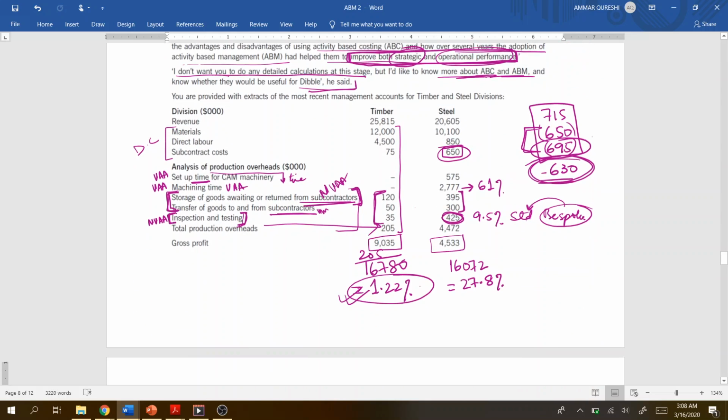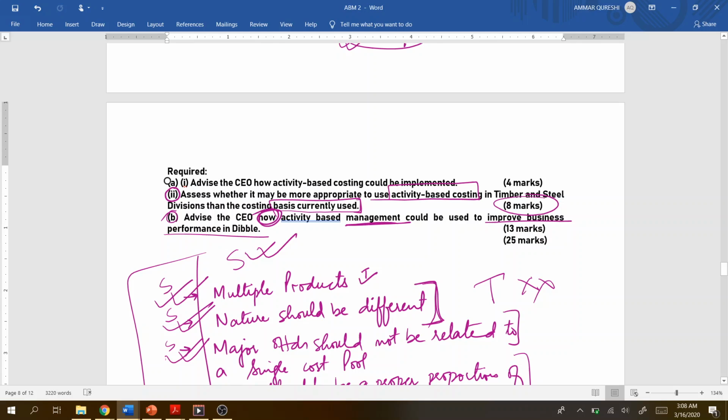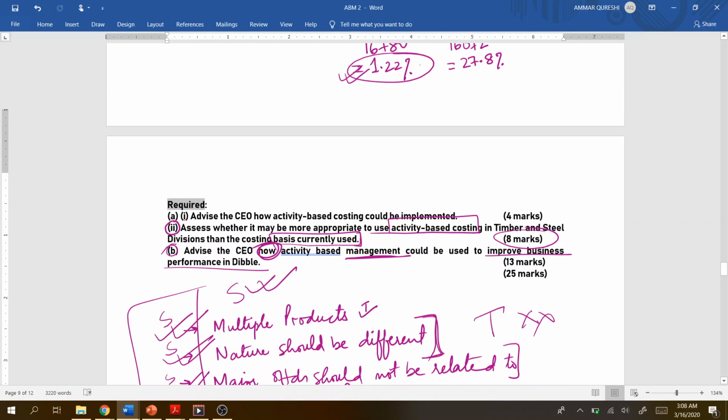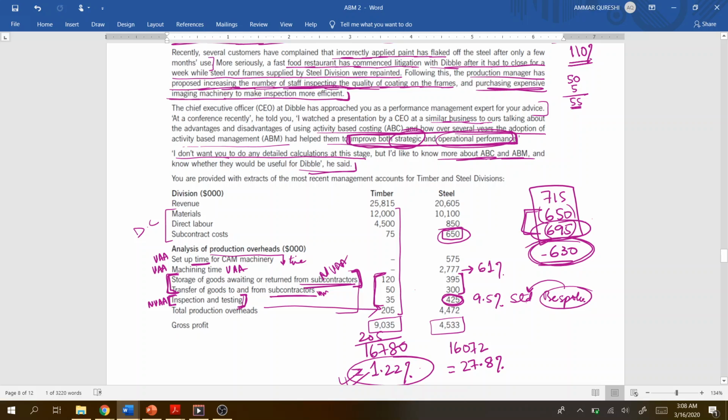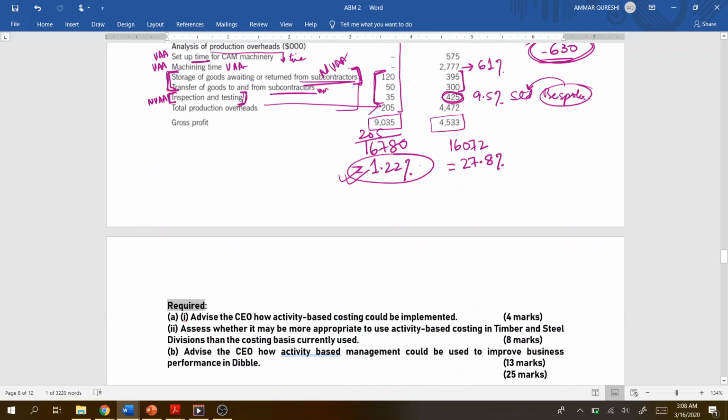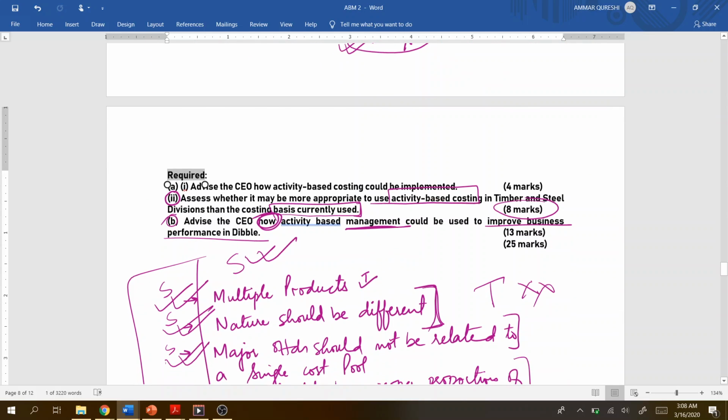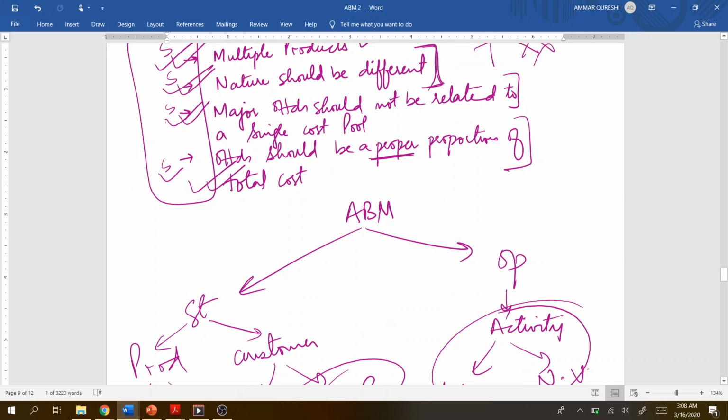One more thing which the examiner asked was how it can improve the business performance in Dibble. See, performance actually means what? One more thing we need to identify. If you want to write here, you may write performance measurement. We consider the pricing part of the product.